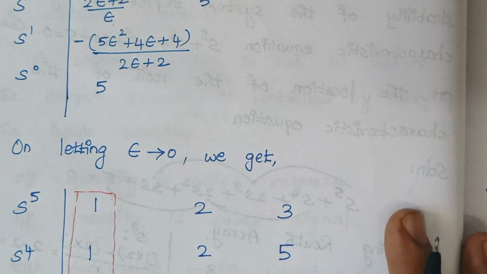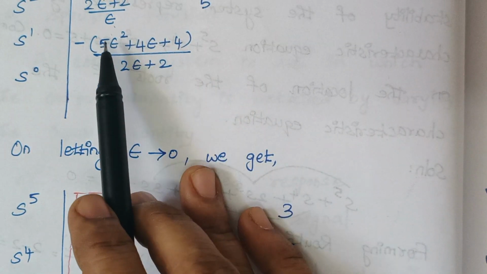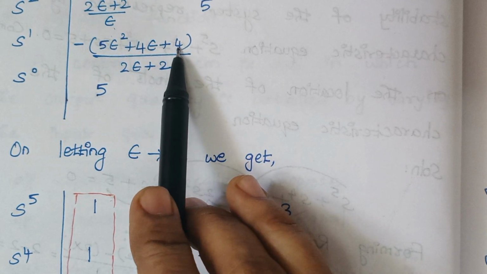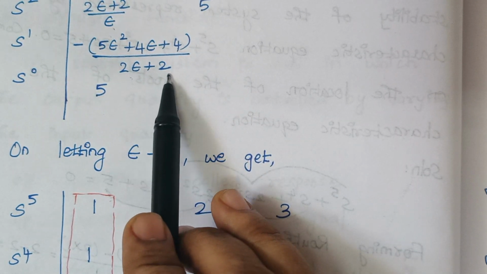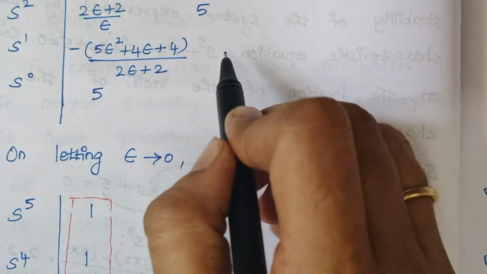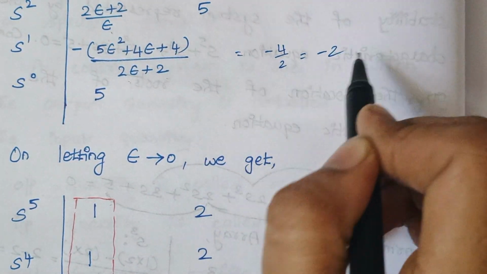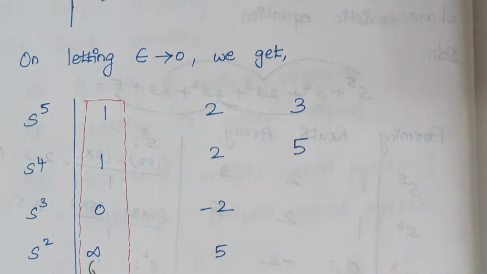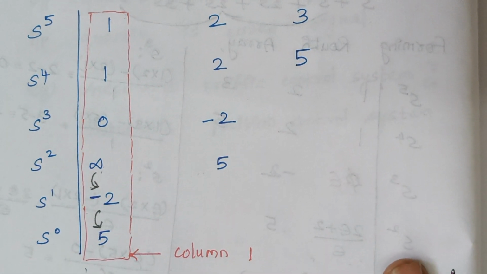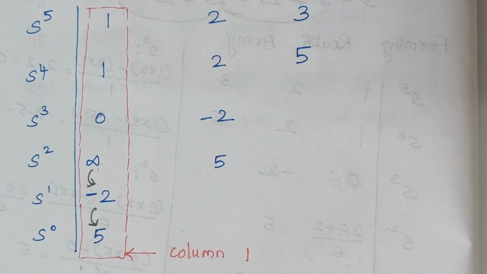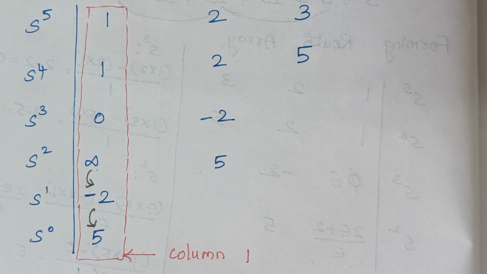And the next thing here in this expression, when you substitute epsilon as 0, what happens? 0, 0 and here minus 4. And again here 0 and here I will be having 2. Right, when I substitute epsilon as 0, I will be getting minus 4 by 2, which is nothing but minus 2. Right, so here I had written that. So finally our Routh array is formed here. Right, so from this Routh array we have to tell whether the system is stable or not.